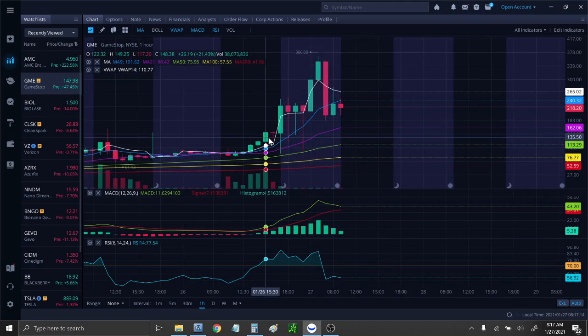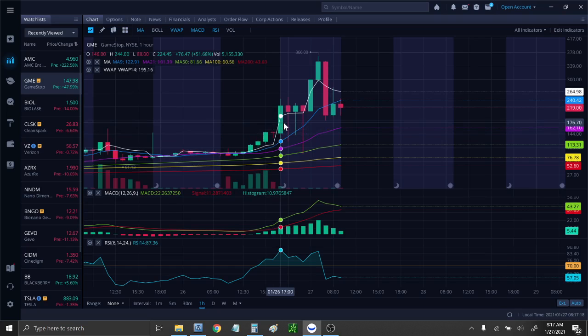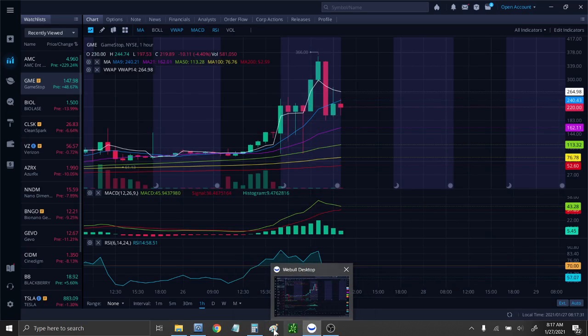When a bunch of shorts are being forced to close their positions, it causes the price to go even higher because a buy was put in place to exit the position. So be careful of that, but that's what a short squeeze is.